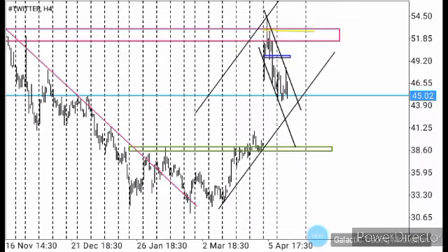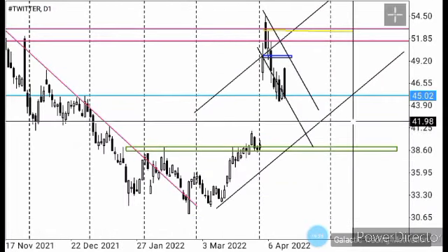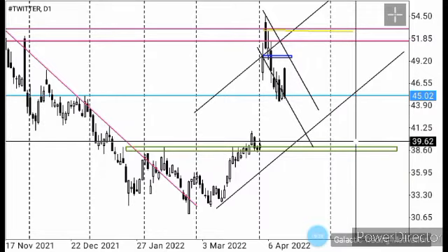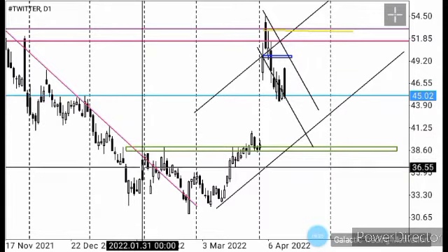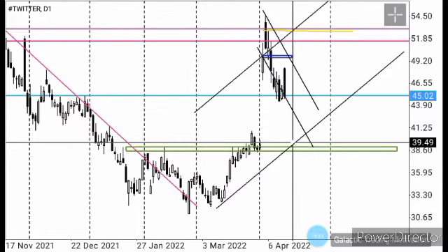And just to go back, my first take profit would be around this area here, where we have the formation of a W formation here that we spoke about earlier, right?